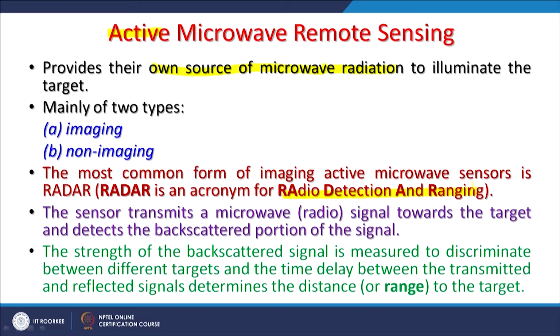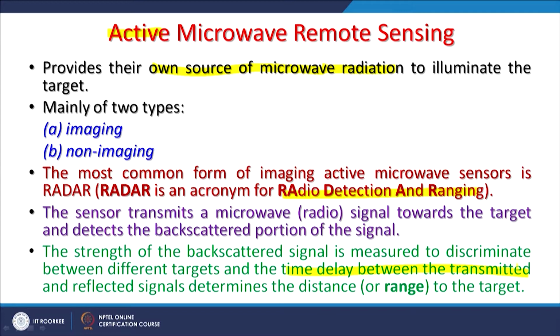This is used to discriminate between different targets, because different objects on the surface of the earth will behave differently with microwave signals. The delay time between the transmitted and back scattered signals determines the distance, and that is why it is called range. So, radio detection and ranging.